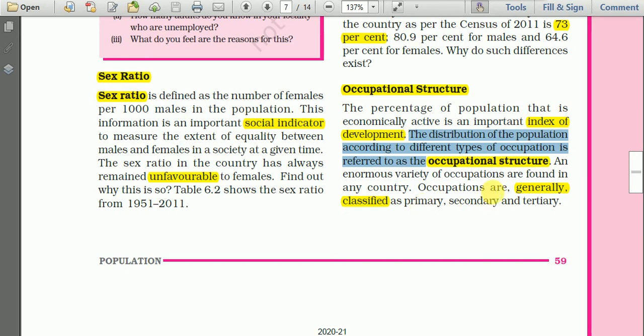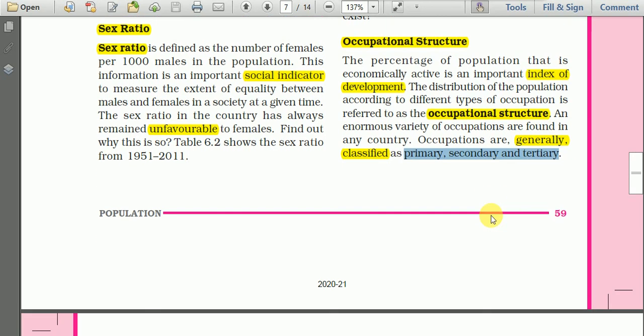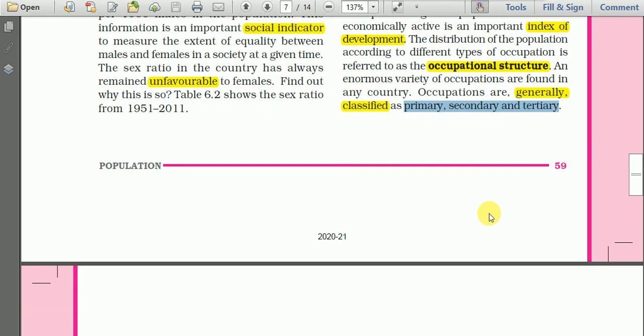We have an enormous variety of occupations in any country, and generally we have three main types: primary, secondary, and tertiary. You may be learning these in economics classes also. In addition to this, in geography we have quaternary and quinary also.